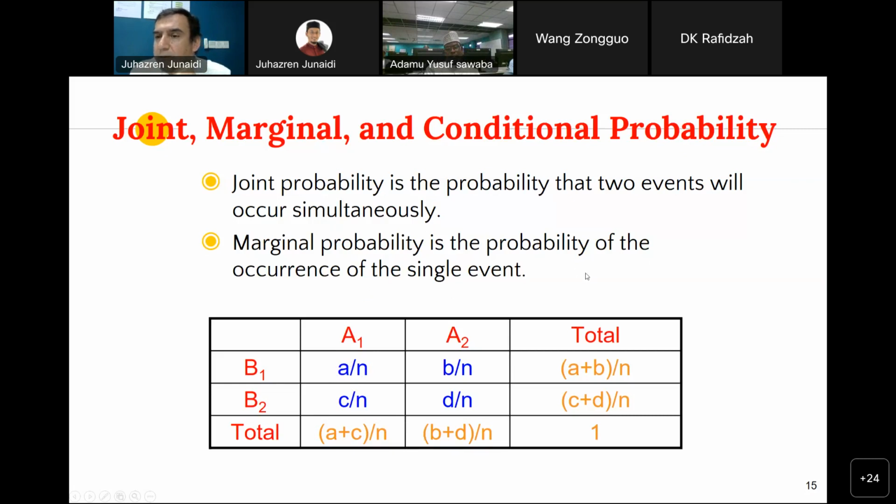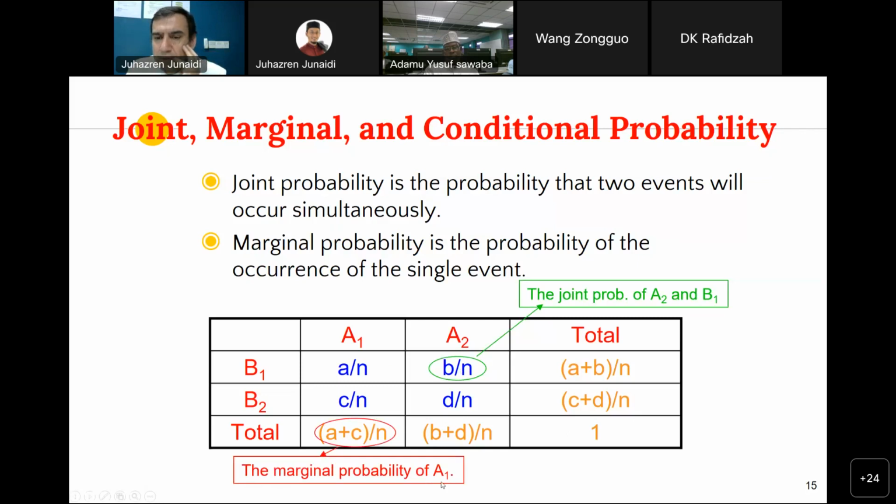Marginal probability is only the occurrence of a single event. And altogether, they need to go up to 1, the probability value. So that's the joint probability A2 and B1. And that's the marginal probability of A1.